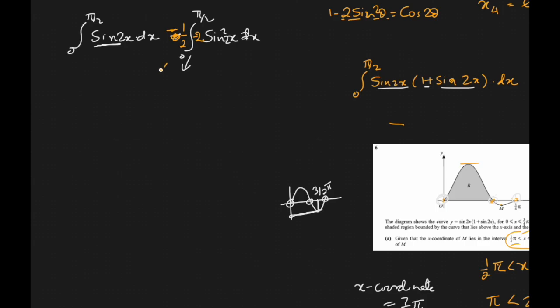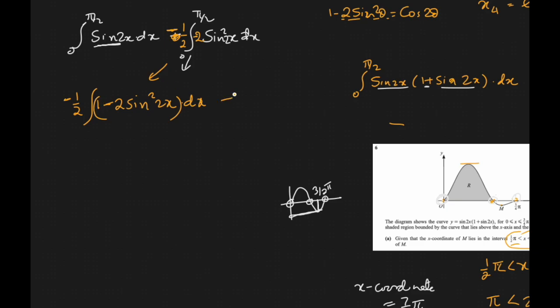Let me clarify this. It will become minus half times 1 minus 2 sine square 2x dx. I compensated this negative with this negative, and I compensated this 2 with half, but I did not compensate this 1.